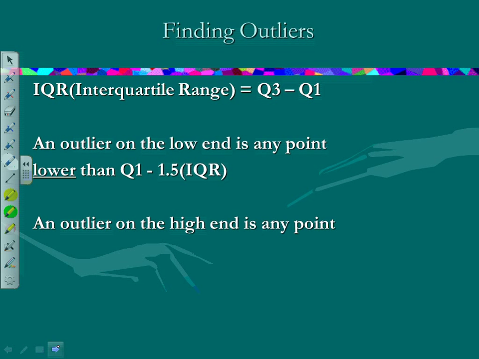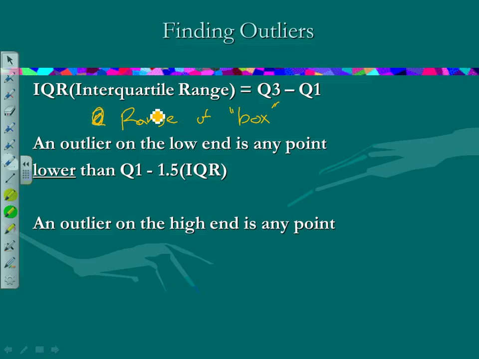That's the interquartile range. It's the range of the box. This is important because it shows how far away 50% of the data is. Okay, we know 50% of the data is in this box.